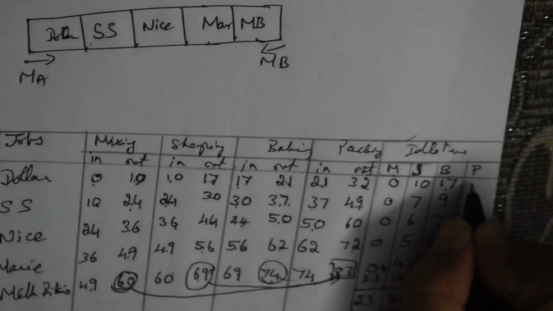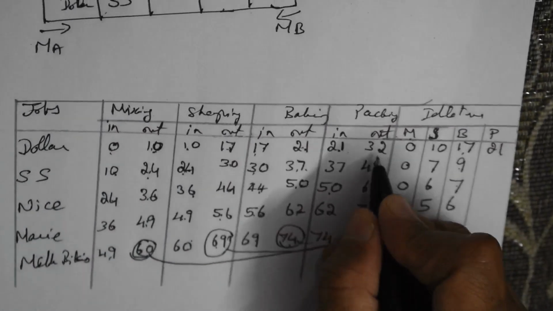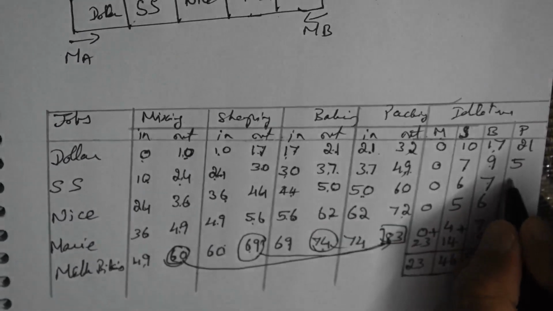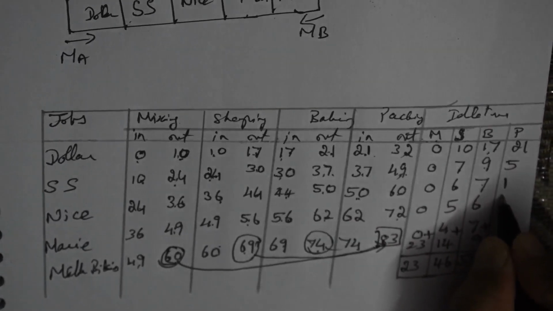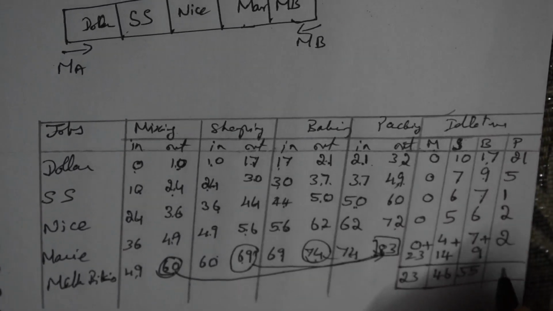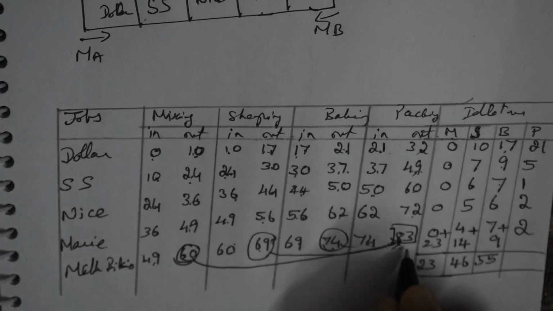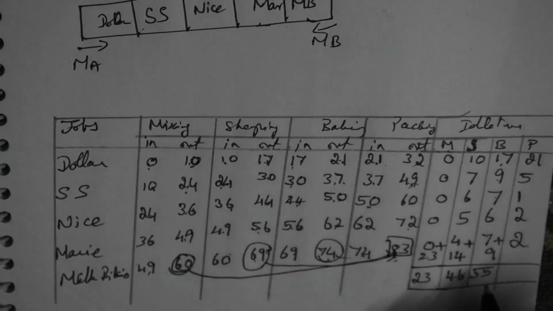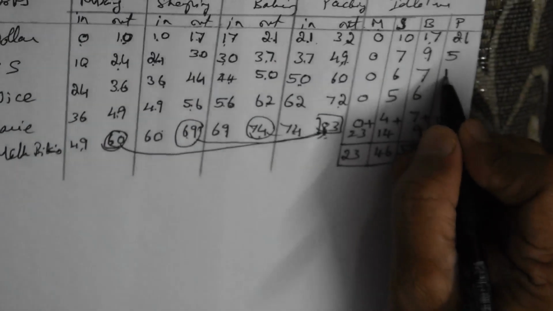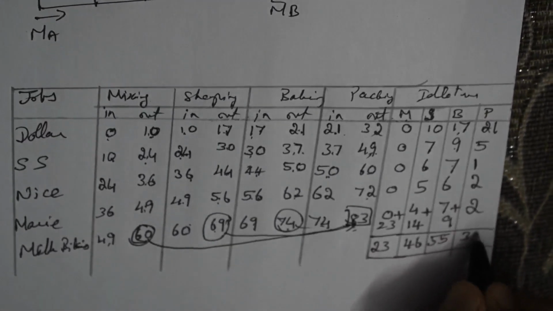Then packing, initially 21 minutes idle, 32 to 37, 5 minutes idle, 49 to 50, 1 minute idle, 60 to 62, 2 minutes idle, 72 to 74, 2 minutes idle. For the last machine, you need not take that plus 1. 21, 26, 27, 29, 31.